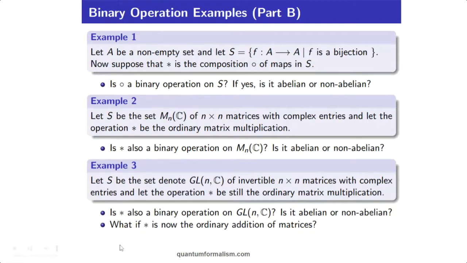So if you say that addition is a binary operation on this set, it means that when you have two invertible matrices and add them together, the result is another invertible matrix. Is this the case?